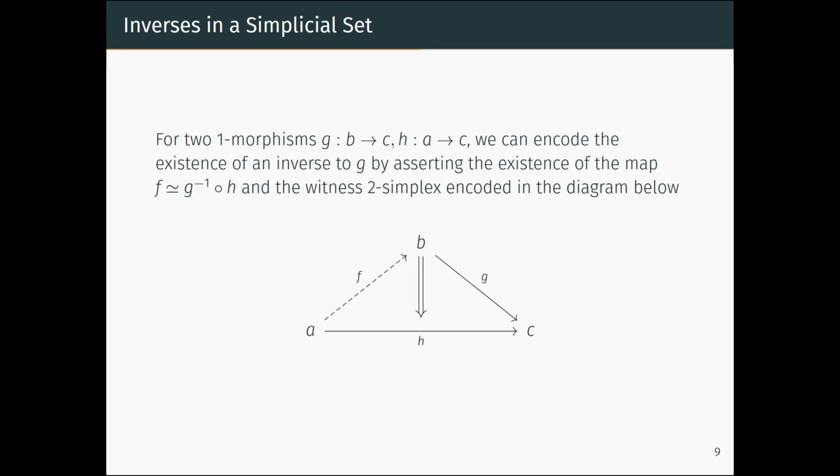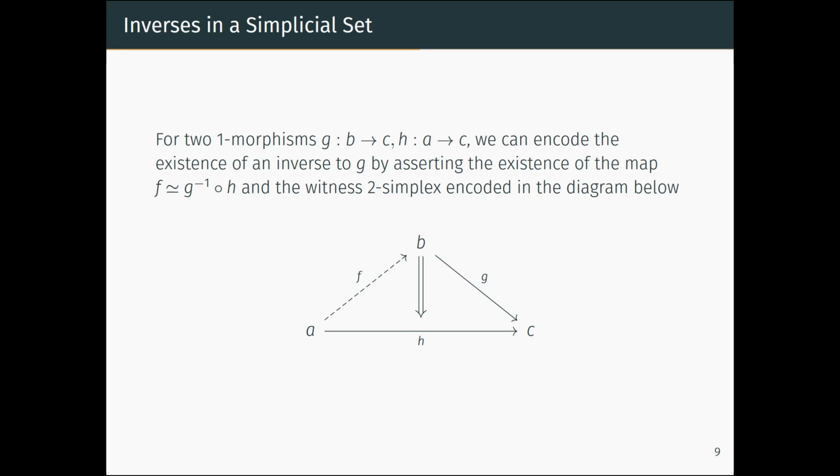If we have these two morphisms that share a target, we can encode the existence of an inverse to the upper one by just asserting that there exists this map F here and this kind of witness or homotopy 2 simplex, which once more captures the equality between them in a higher homotopy.